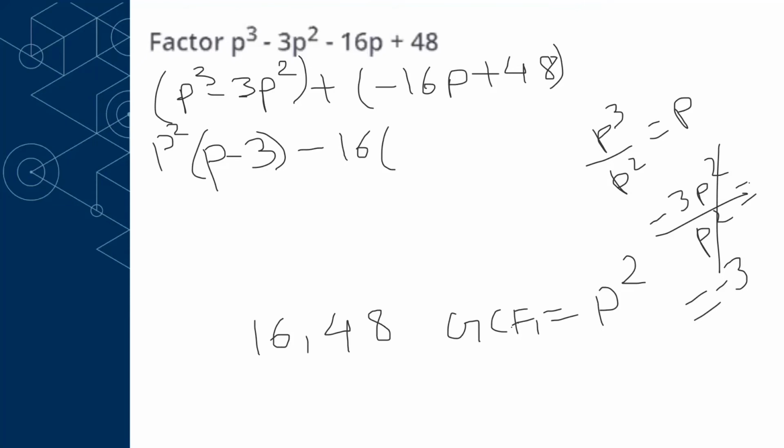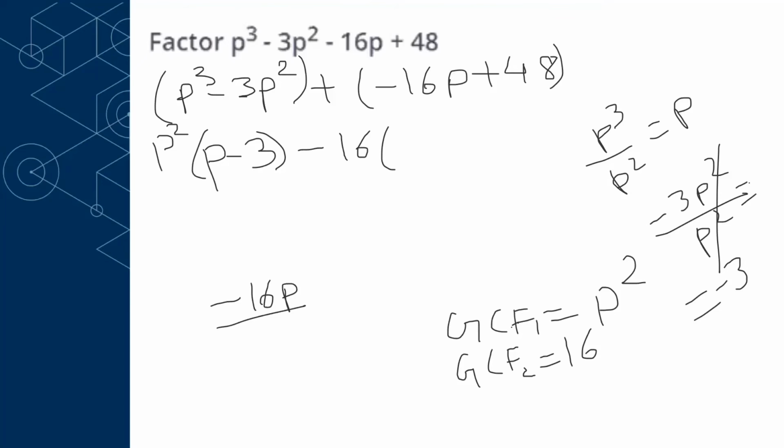Once you figure out your GCF, you divide each of the terms using your GCF. Your first term is -16p, and you divide that by your GCF, which was -16. The -16s cancel out, and you're just left with p.